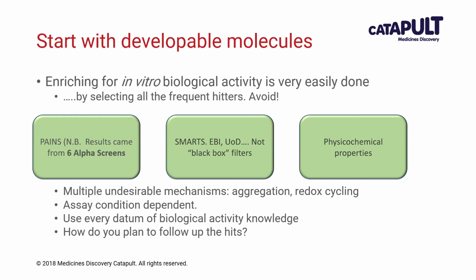The classic one here is frequent hitters. The problem is that at its core, with a targeted library, you are enriching your library in biological activity, and the quickest and simplest way to do that is to fill it with frequent hitters, which is not a good thing to do. You really want to avoid that.